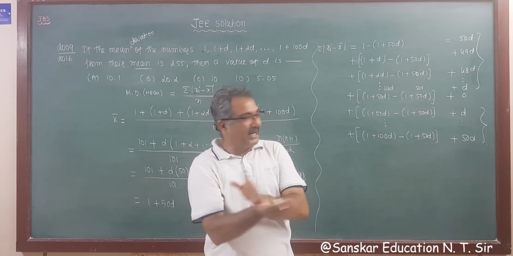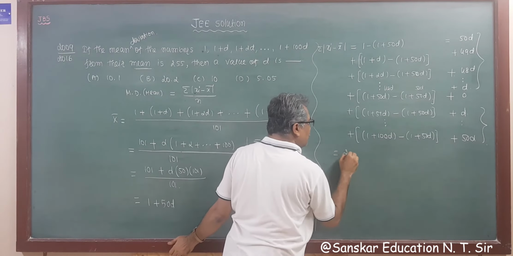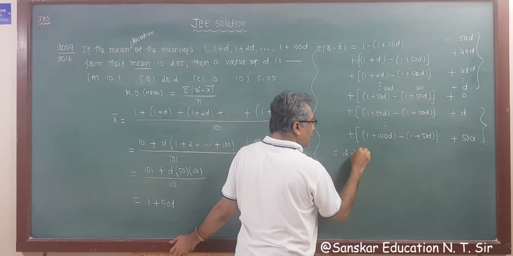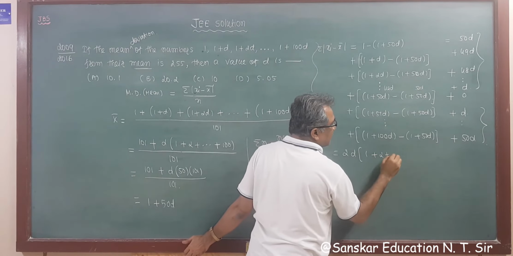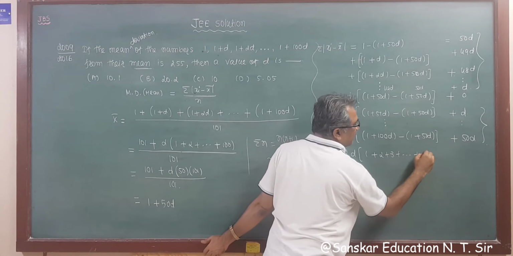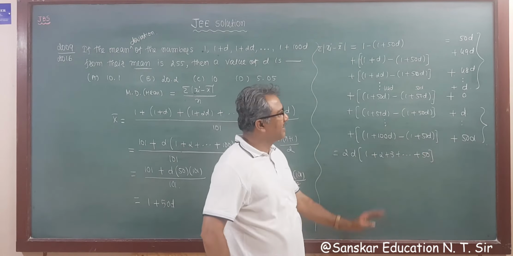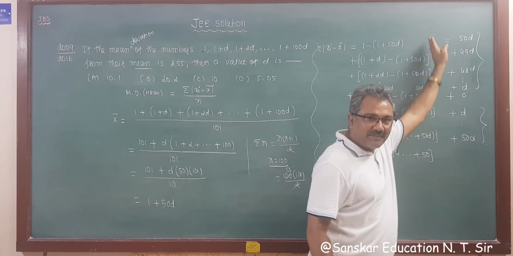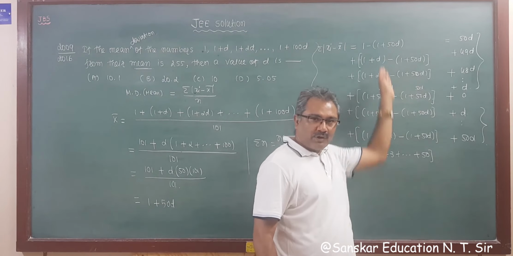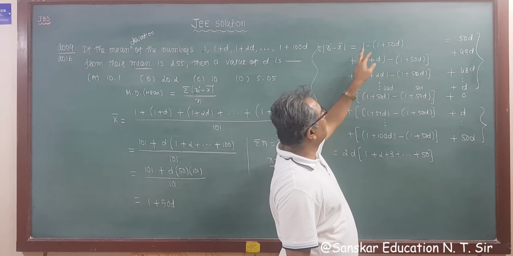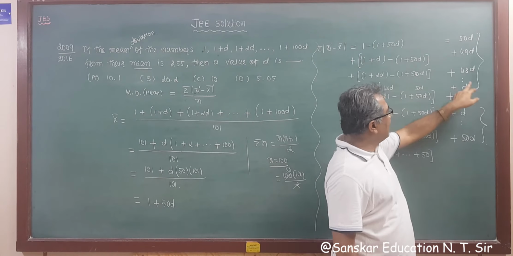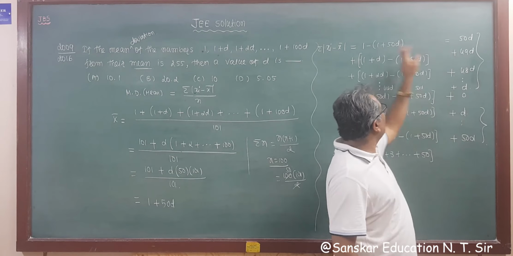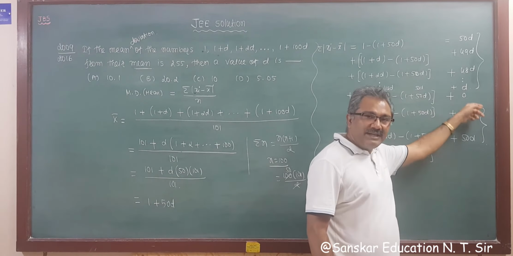So the sum of this is equal to 2 times, taking d common, 1 plus 2 plus 3 plus up to 50 terms. This is the simplification, but I am writing it here in a column. At one stage we get d, then 0, then again d. This is minus d, but due to the modulus we write plus. Then d to 50d.